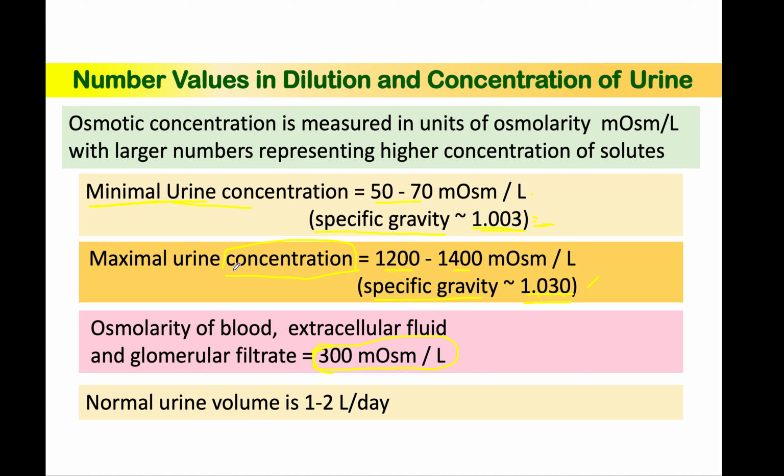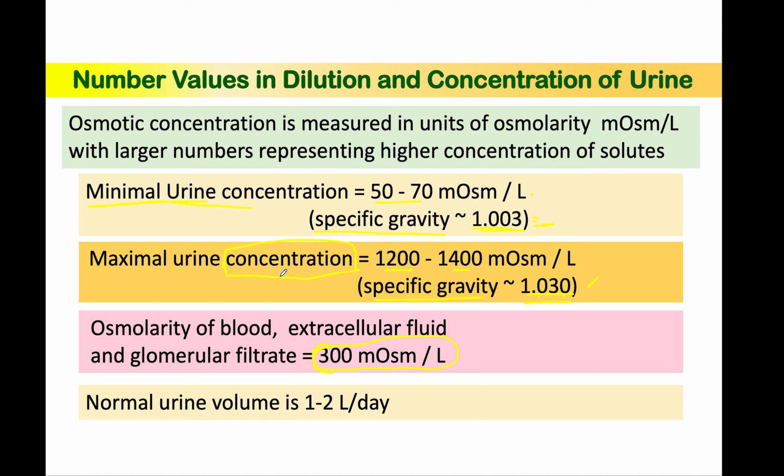Or the kidney detects that the amount of water is less in the blood or in the extracellular fluid, and that's why the osmolarity is high. So the kidney, along with the antidiuretic hormone, reabsorbs more water, so the urine will be concentrated.